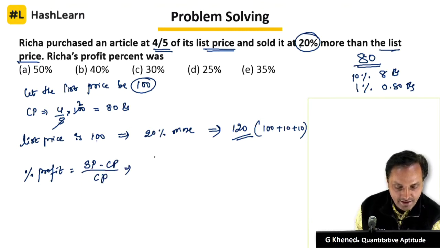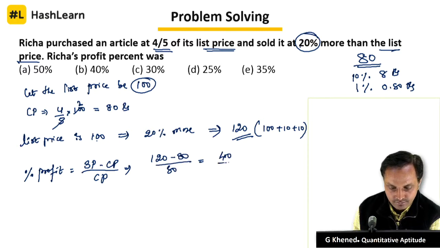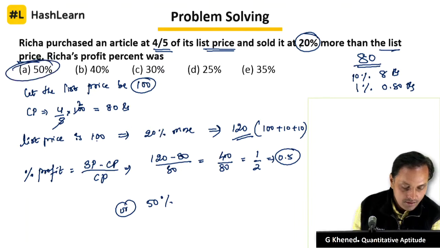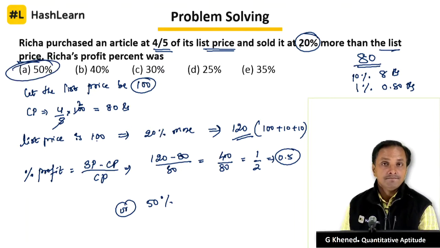So cost price is 80, whereas it is sold at 120. The difference is 40, 40 by 80, which is 0.5, or you can say 50%. Into 100 you have to do. So which is option A.